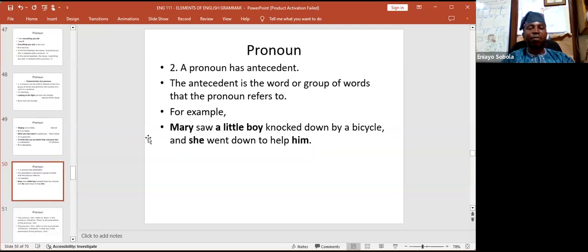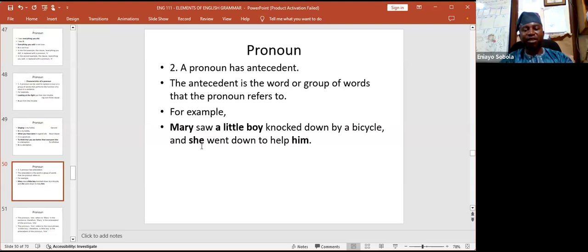Another point is that a pronoun has antecedents. The antecedent is the word or group of words that the pronoun refers to. For example, Mary saw a little boy knocked down by a bicycle, and she went down to help him. Looking at this sentence, she is a pronoun.